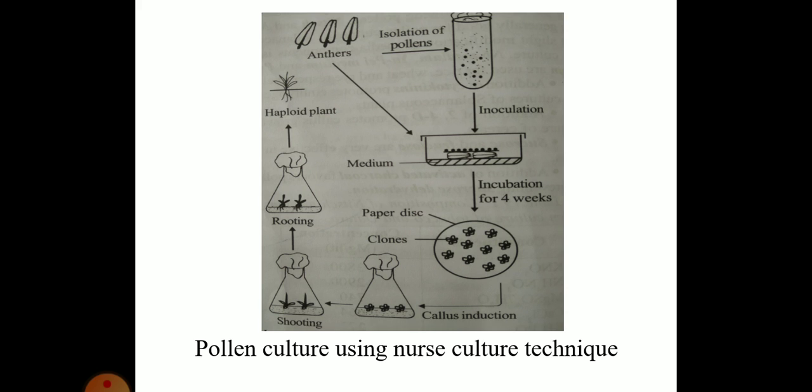Here, first the anther is isolated, then the pollen grains are isolated, then incubated on a nutrient medium for 4 weeks to develop the clone, and this clone is transferred to the callus inducing media to develop the callus, and then this callus is transferred to the rooting and shooting medium to develop root and shoot to produce the haploid plant. Here is the microspore isolation and culture technique.